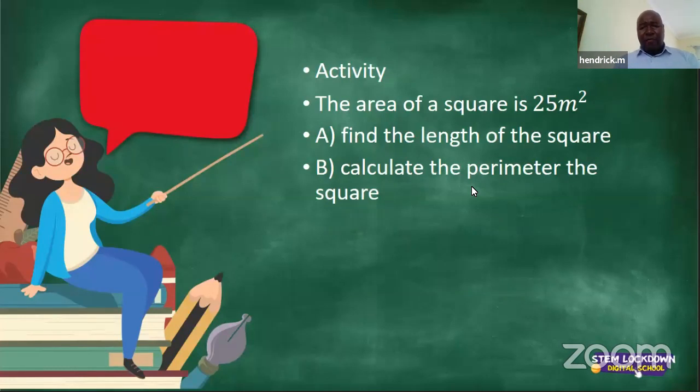The area of the square is 25 square meters. I want you now to find the length of the square as well as the perimeter of the square. Now you are given the whole area, which is 25 square meters.